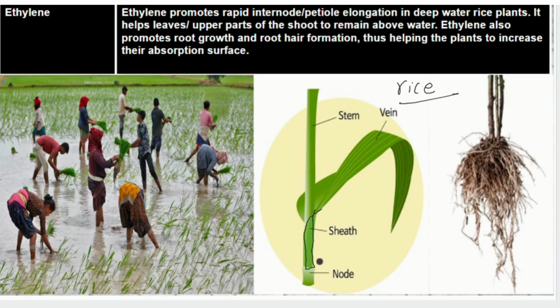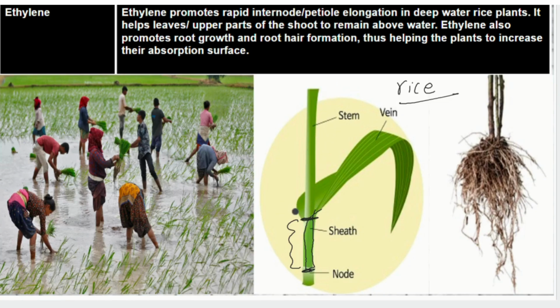The length of the stem increases by expansion or elongation of nodes and internodes. Here is one node. When this area elongates in the presence of ethylene, the length of the monocot plant increases.